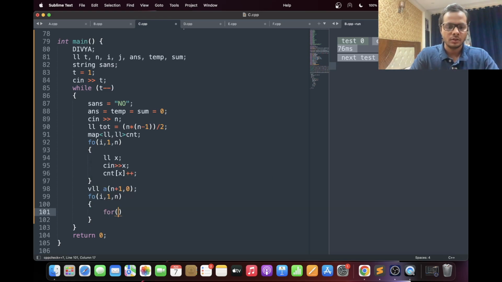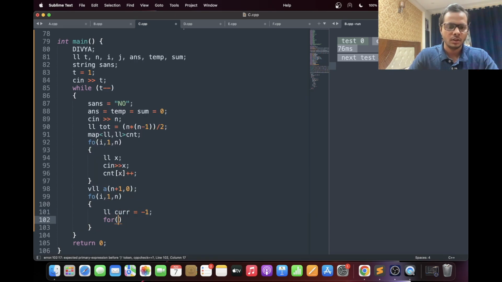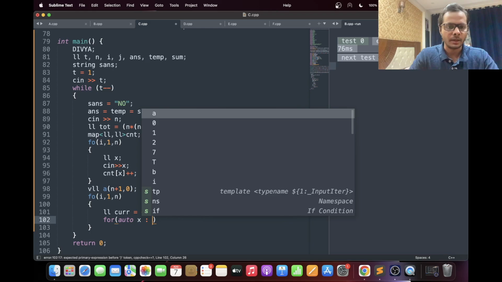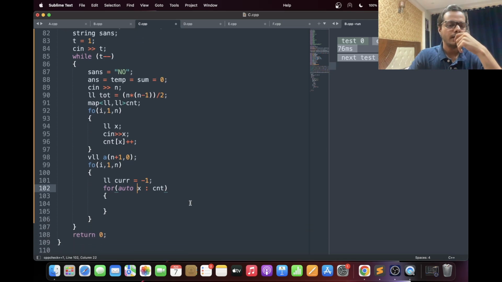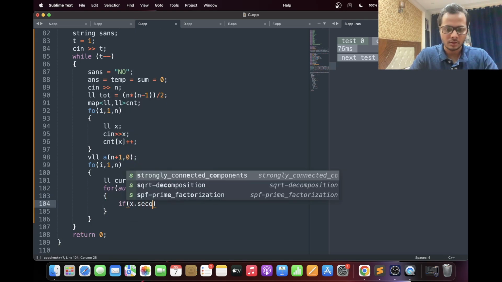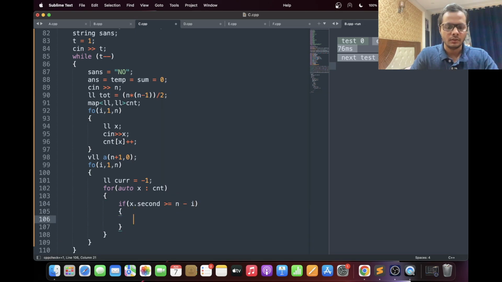Okay, so let cur equal -1, then we'll iterate over our map count. We have to iterate by reference. Maybe not. So if x dot second is greater than or equal to n minus i, then we'll say cur is equal to x dot first, and we'll break out.